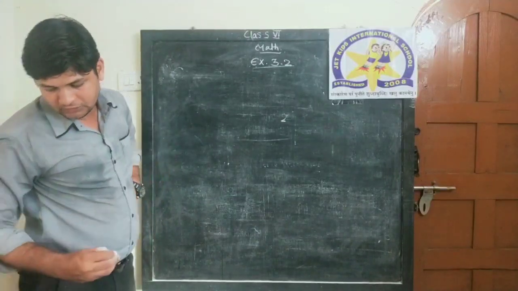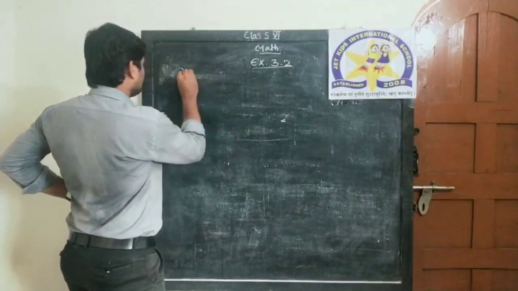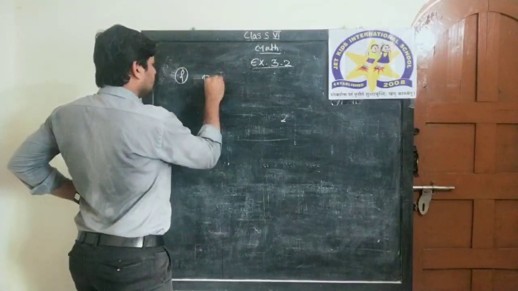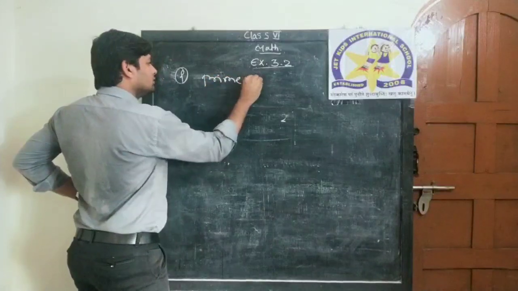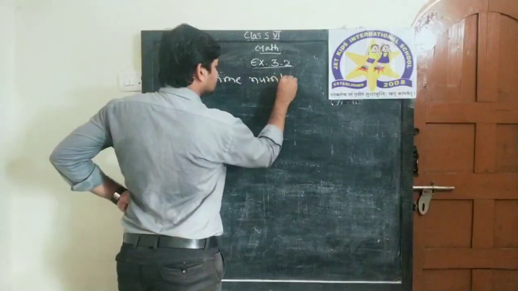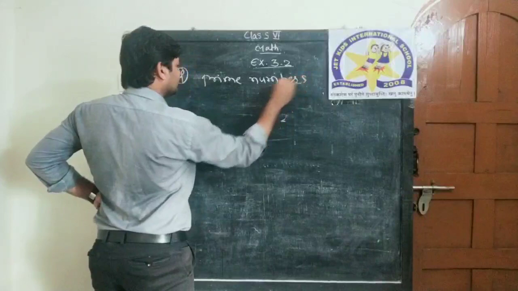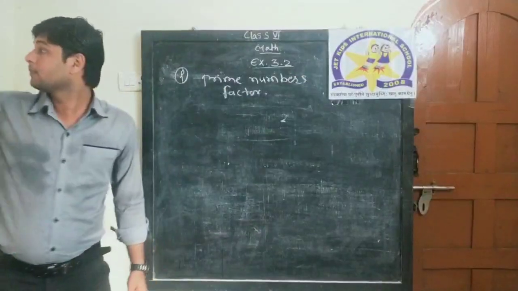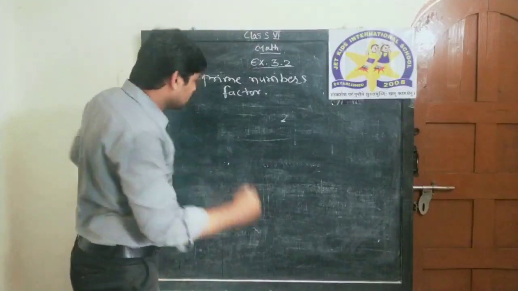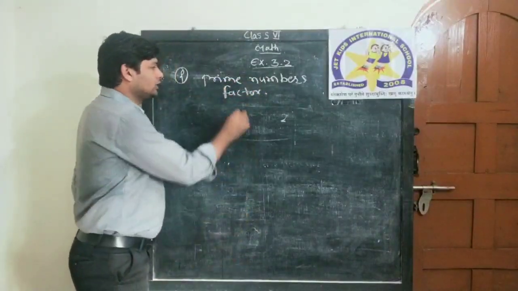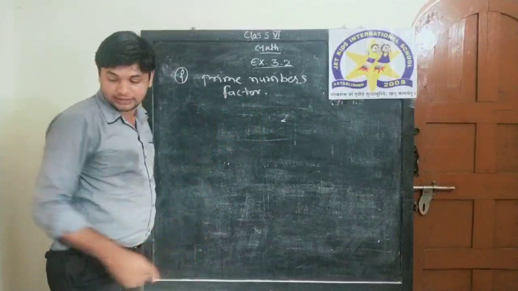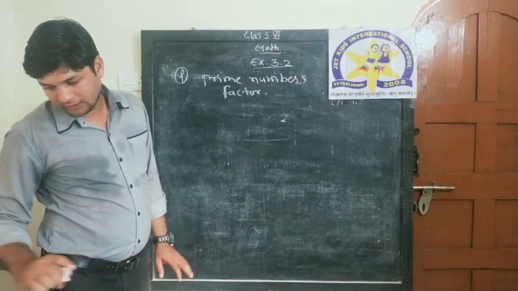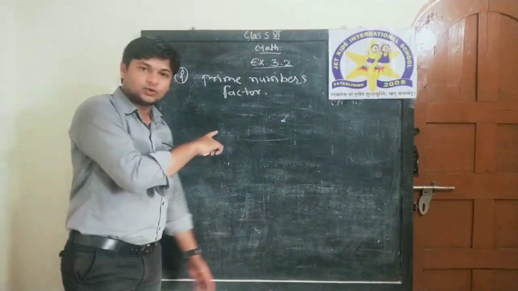This is the question, that is F. Prime numbers do not have any factor. So is it true or false?